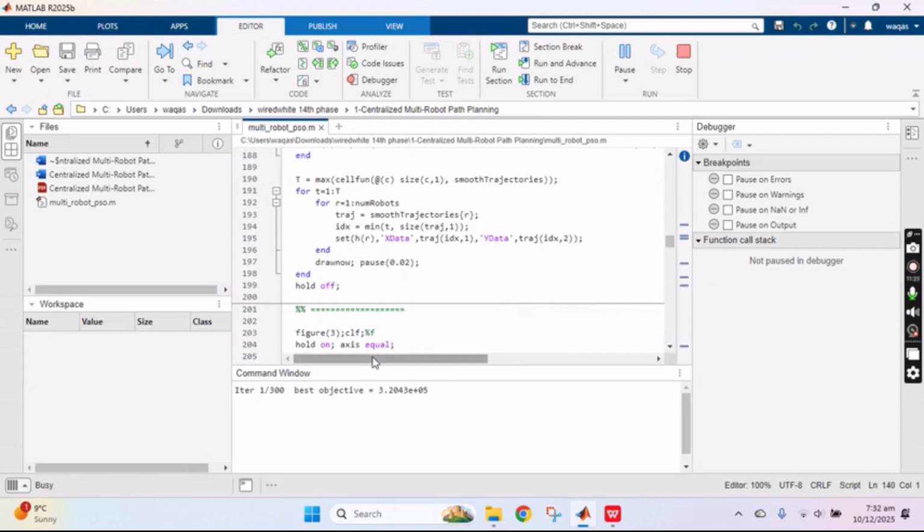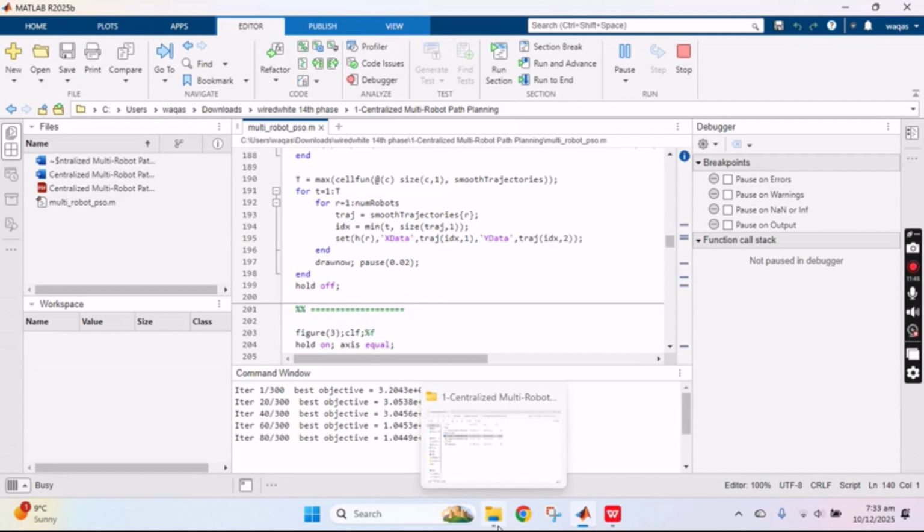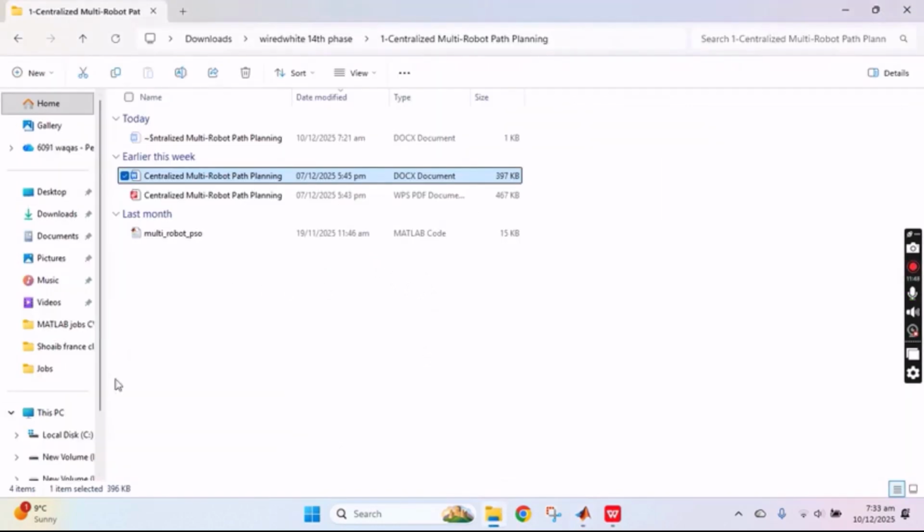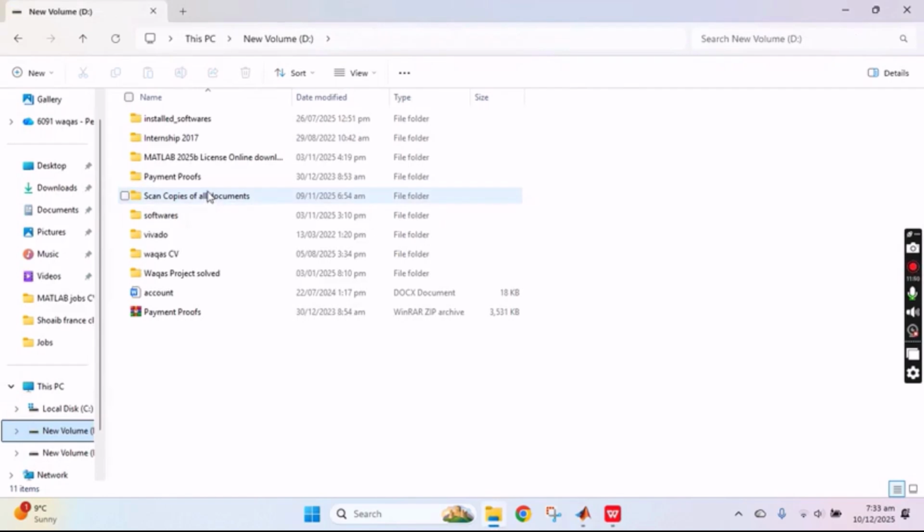Sometimes MATLAB is taking too much time, but let me check it. If it is not working, let me provide another video, or I will use another MATLAB to optimize and run this MATLAB file.